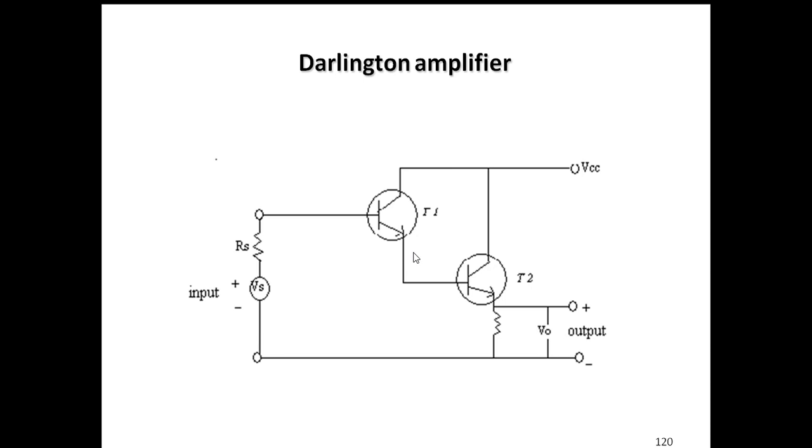This emitter output is now applied to the second stage transistor base, and we can measure the output across the load resistance connected at the emitter of T2 and ground. So this is the output voltage, and this is VCC.